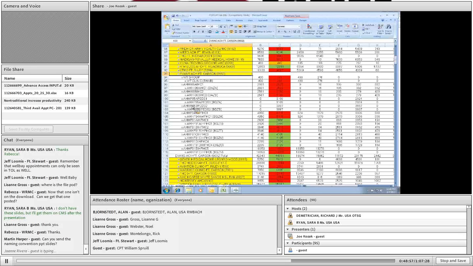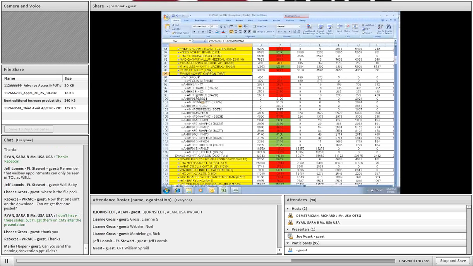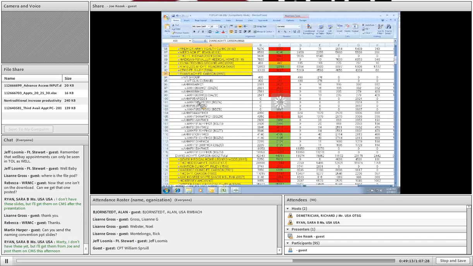I can sort out the Internal Medicine Practice 06. Again, this is why that naming convention becomes so important.